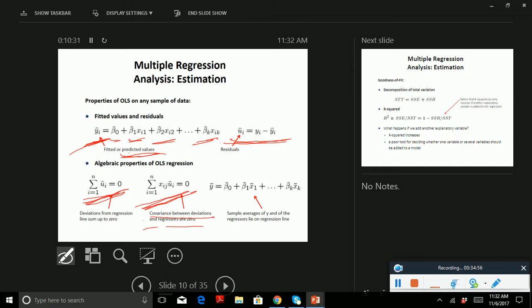Okay. And lastly, the sample averages of y and of the regressors lie on the regression line. Okay, this is important because when you are plotting it, you are assuming that the sample average at least lies on the regression line. Okay.